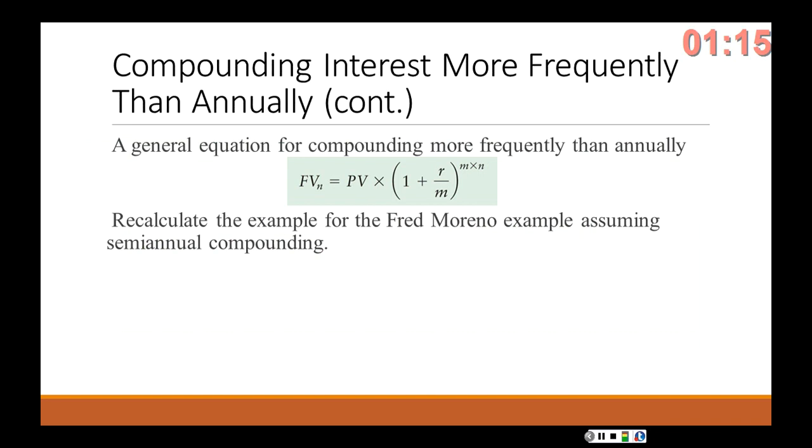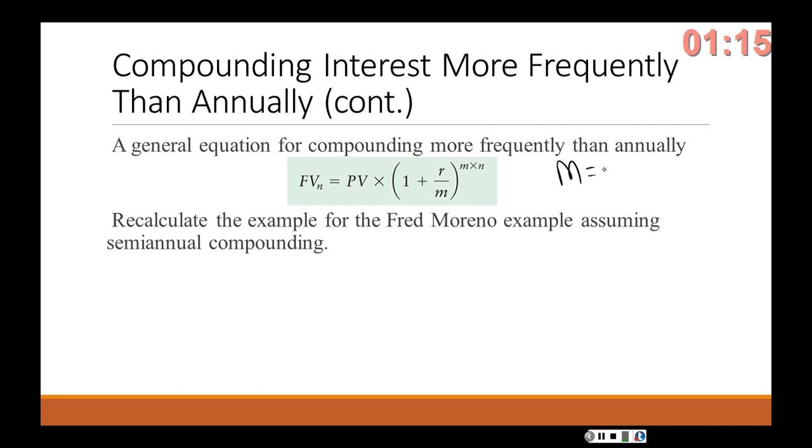So the general equation for interest compounding more frequently than annually is given here. The future value is equal to the present value times 1 plus the interest rate divided by the number of compounding periods per year, raised to the number of compounding periods per year times the number of years.